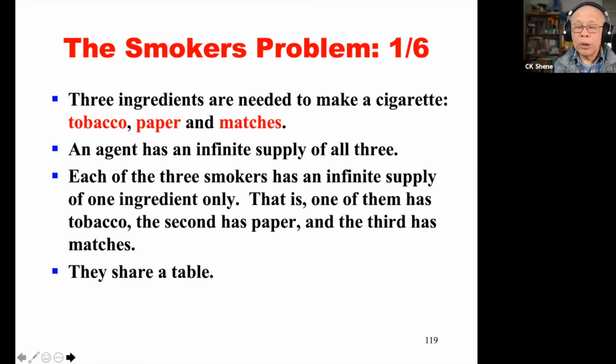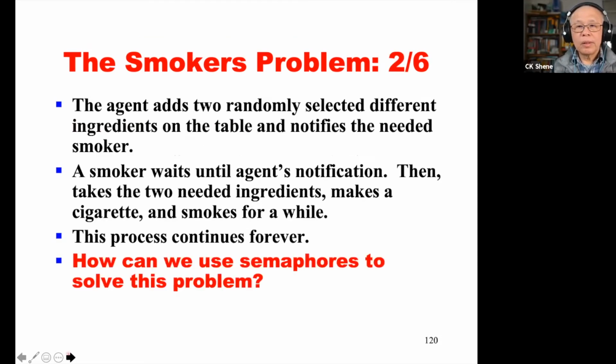But the original cigarette smokers problem is rather not so obvious. So this is what we said. The agent puts 2 randomly selected different ingredients on the table and notifies the needed smoker. A smoker waits until the agent's notification, then takes the 2 needed ingredients, makes a cigarette, and smokes for a while.